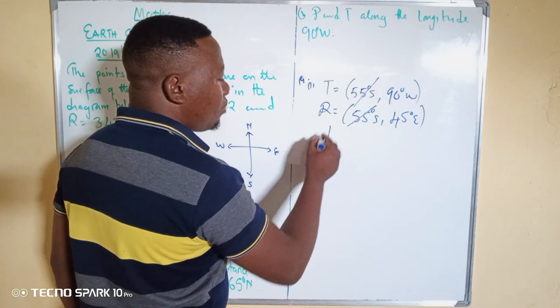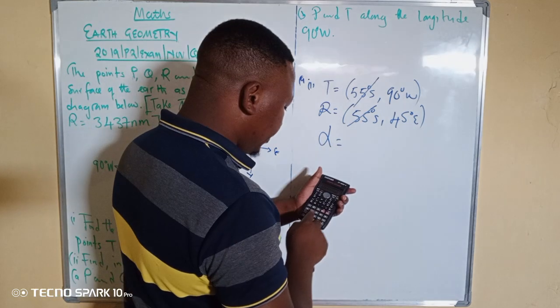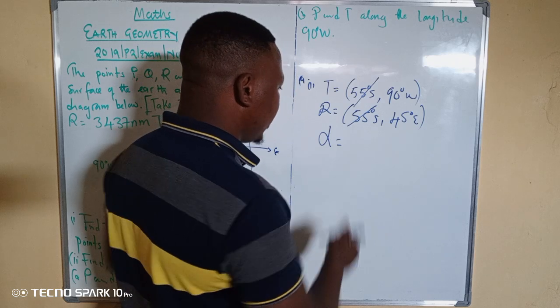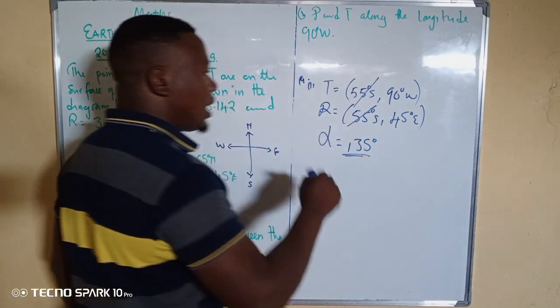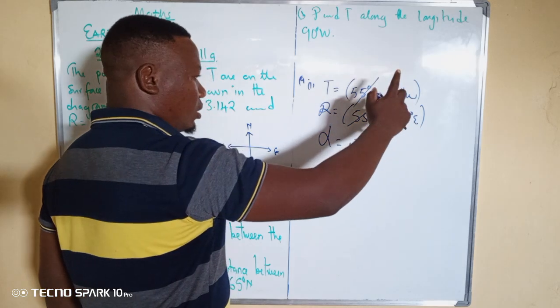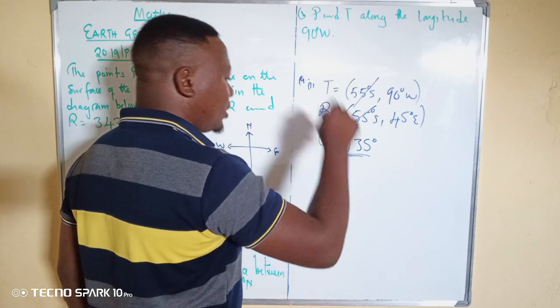Then I use an alpha symbol to find the final answer. 90 degrees plus 45 degrees gives 135 degrees. Please don't add any of these directions, whether east or west. Your answer will just be 135 degrees.